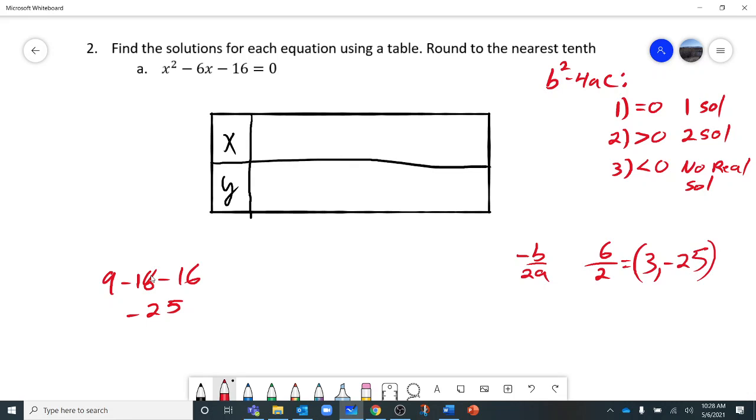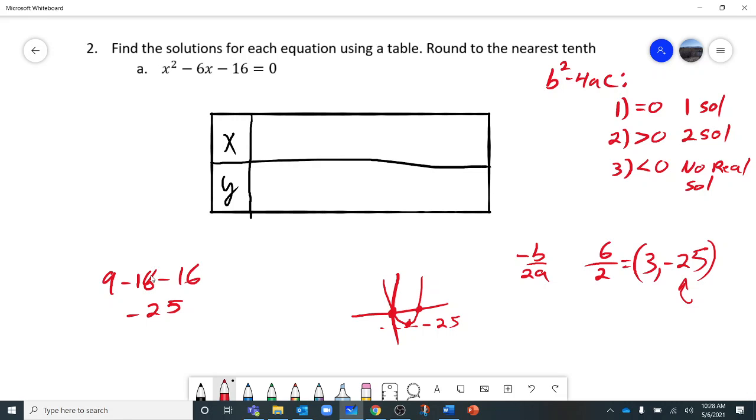And we can use that information in a couple of ways. First of all, because our y value is negative 25, that means our graph, which we were not told to graph this one, we were told to use a table, but I'm kind of cheating a little bit. So we're going to say this is negative 25. Because it's at negative 25, and our parabola is facing upward, we know that because our a value is positive 1, we know we're going to have 2 solutions, or 2 places where the graph crosses the x-axis.